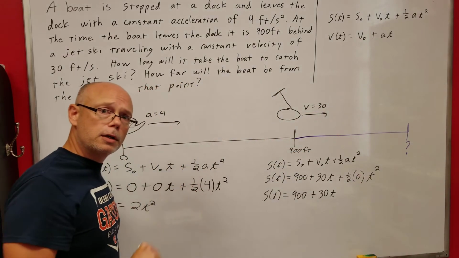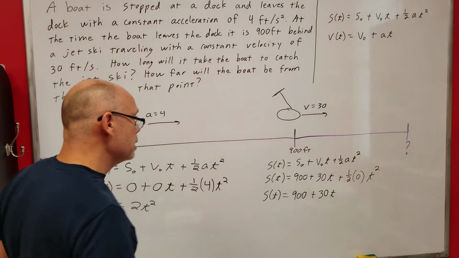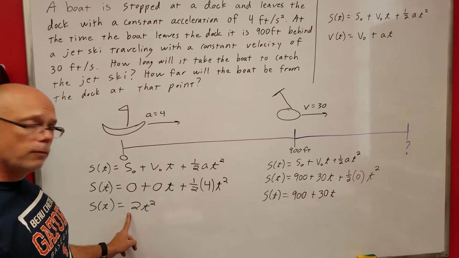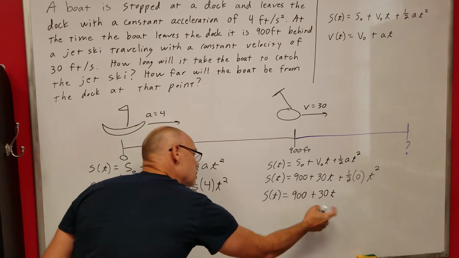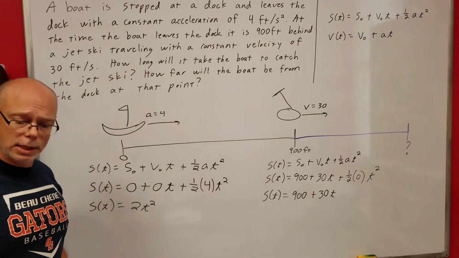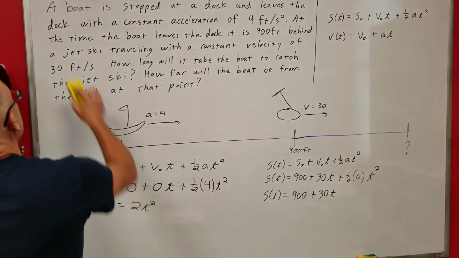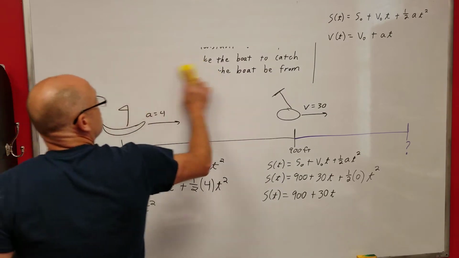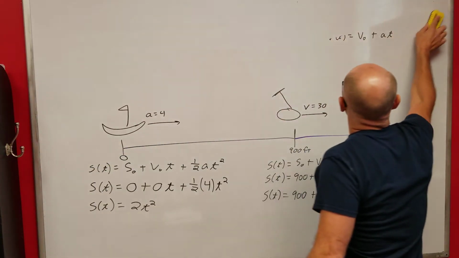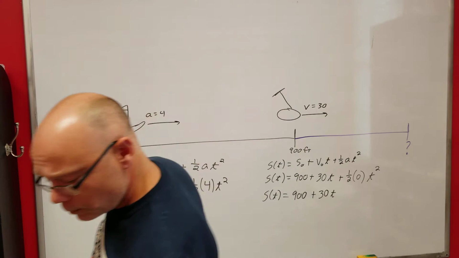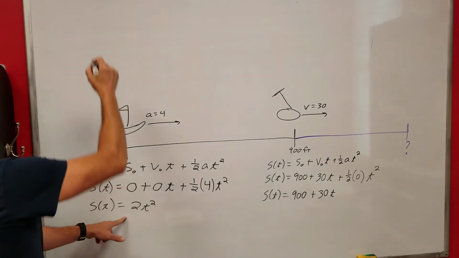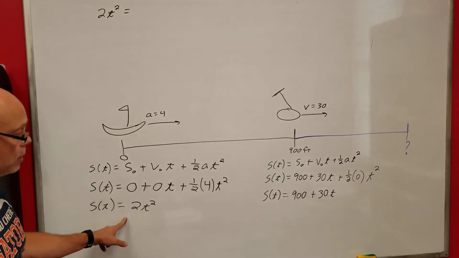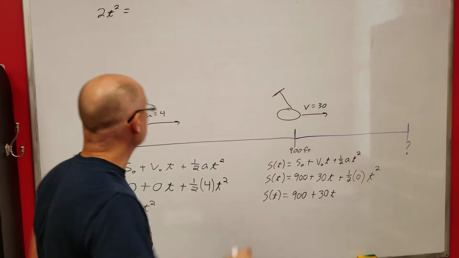So if their positions are going to be equal there, I take this position function from my boat, set it equal to that position function from my jet ski. And I'm going to need more room for this, so I'm going to have to erase here. So take the position function from my boat, set it equal to the position function from my jet ski. So I have 2t squared equal to 900 plus 30t.